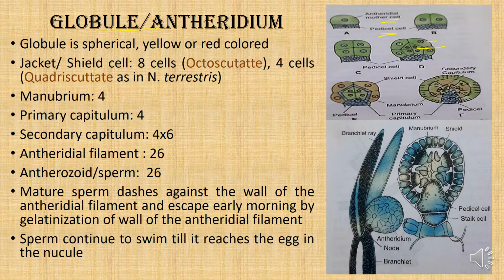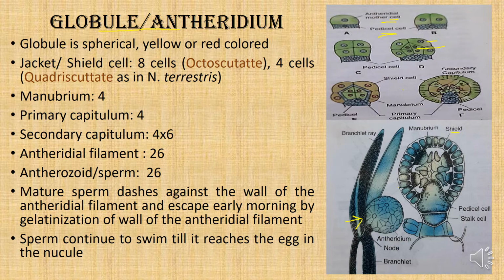So the outward, external appearance of the globule is like this. And if we take a transverse section, we see that there is an external jacket layer which is called the shield cell.